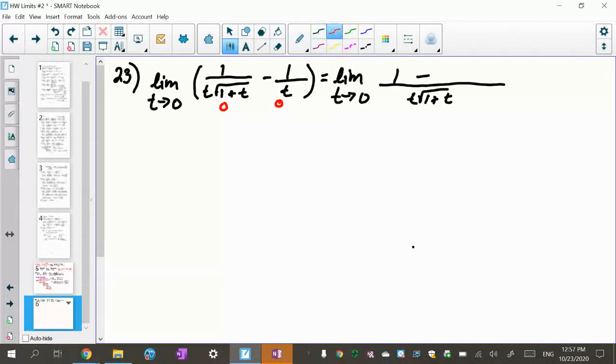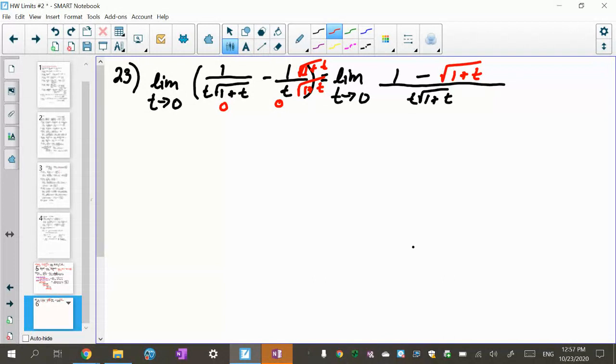I'm missing a radical 1 plus t because t's already there. So I have radical 1 plus t, radical 1 plus t, minus 1 times radical 1 plus t. Okay, so now I have it as one fraction.